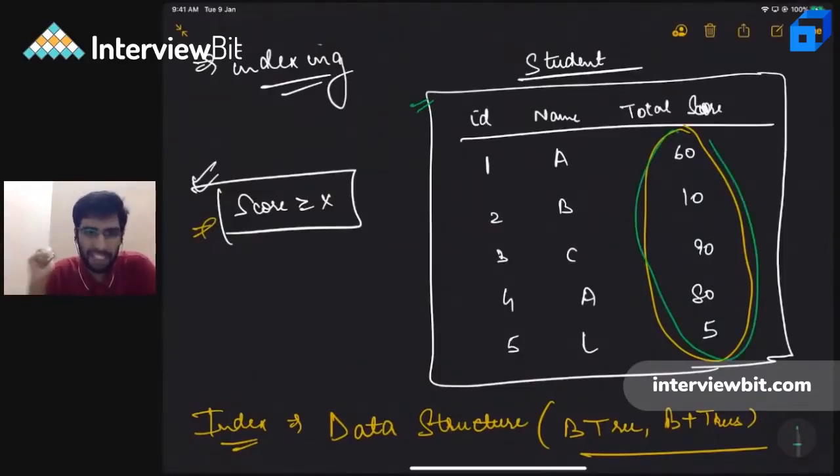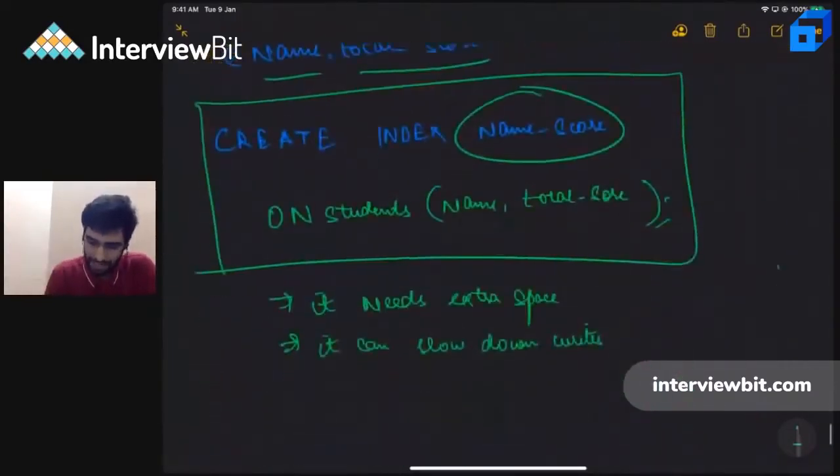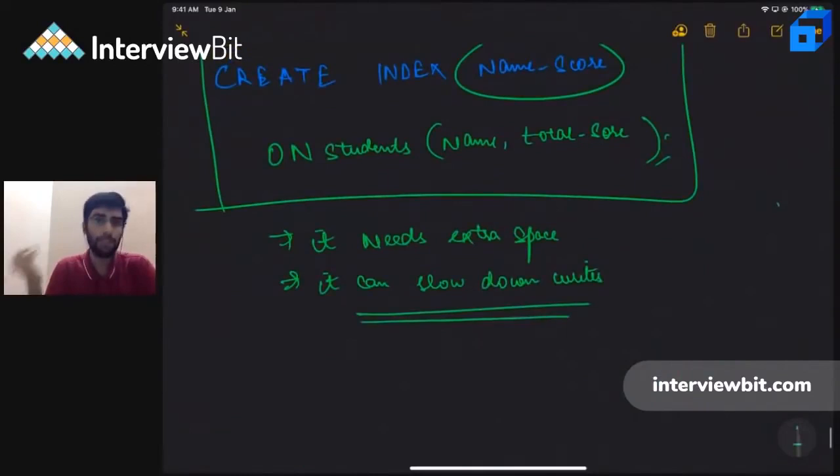Then if insertions happen on this table, what will be the time taken to insert? It will be linear, right? Because you always need to ensure that the table is sorted, you can't do it in order of one, or constant time. So indexes can slow down writes because they need to process the new data. That is an issue with indexes, but otherwise they are always beneficial.